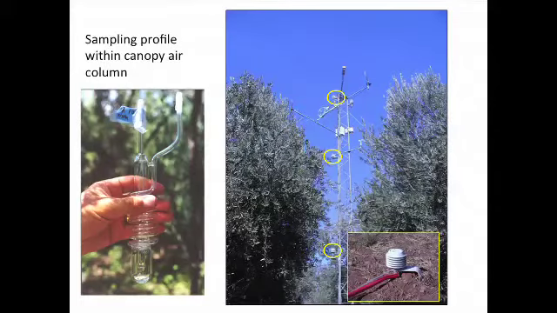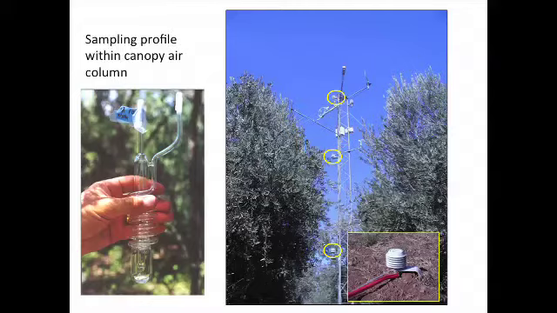Okay, so an example, we did some work a number of years ago now in Morocco. We were invited over to do some work in the King's olive orchard in Marrakesh. It was quite the deal. And we set up an eddy covariance tower and collected air samples from a profile in this vegetation. And back then we didn't have lasers, and so we used the very old school cryogenic trapping method.